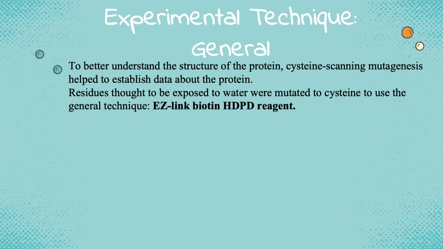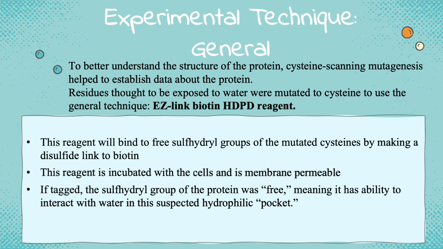So to better understand the structure of the protein, they used cysteine scanning mutagenesis. And essentially, this allows them to use EZ-Link biotin-HPDP. And what this does is it binds to the sulfhydryl groups of those cysteines by making a disulfide link.